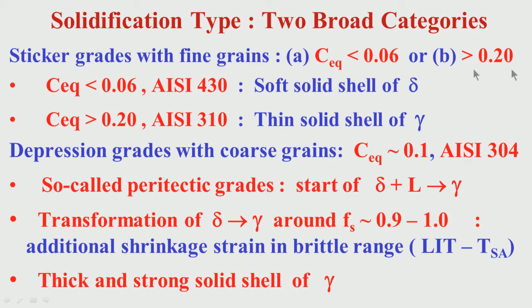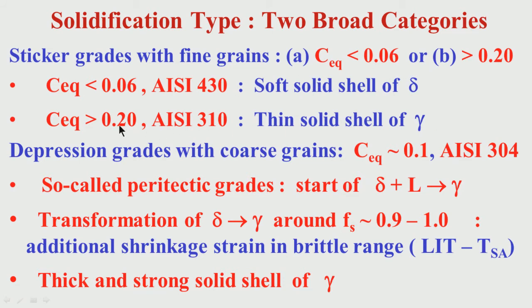You have such a tendency in two chemistry ranges: either the carbon equivalent is low, less than 0.1, or the carbon equivalent is high, more than 0.25, 0.3. Or even AISI 430, which is equivalent to very low carbon, or 310, which is equivalent to very high carbon equivalent, more than 0.5.